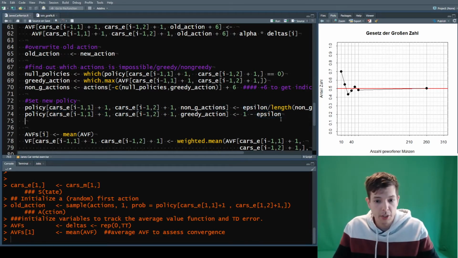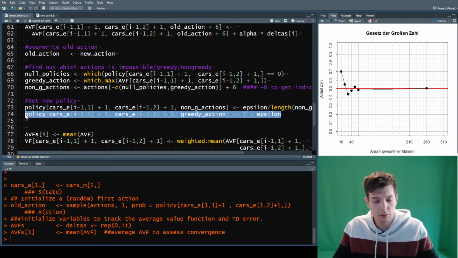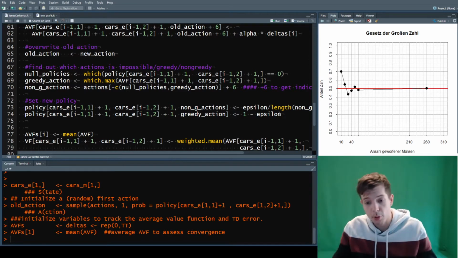And last but not least, we can compute the policy or the probability of using the greedy action as 1 minus epsilon. So in the first iteration, it's 0.75, and the second iteration, it's 0.8, I don't know. And this will increase, of course, over iterations.